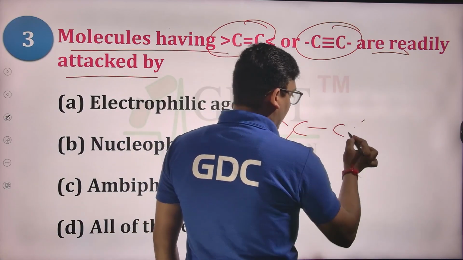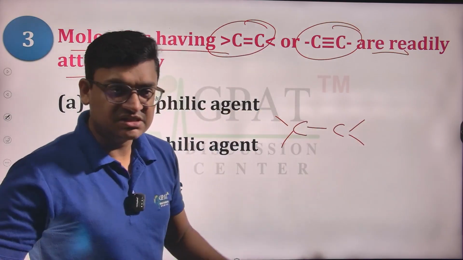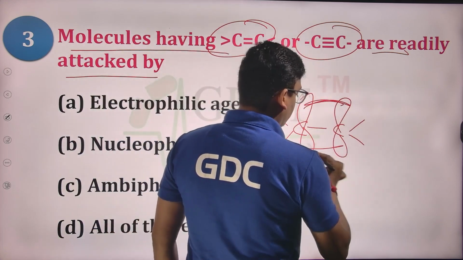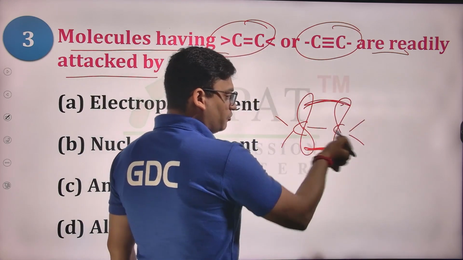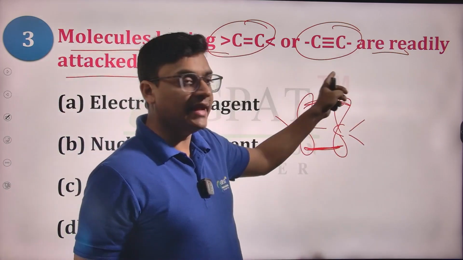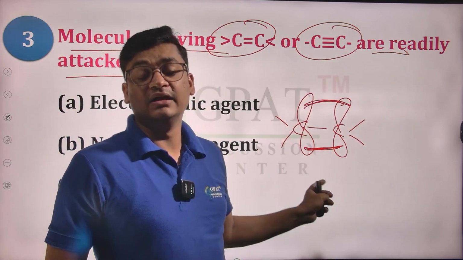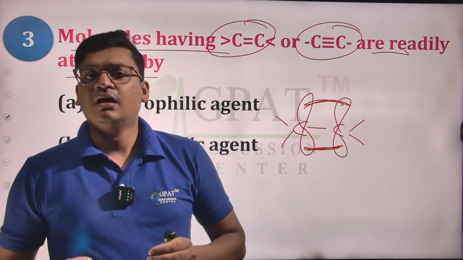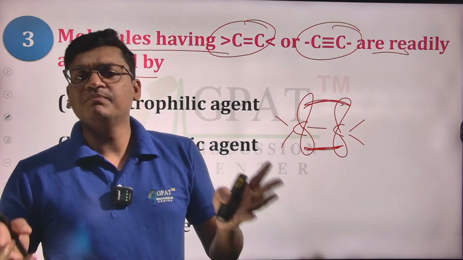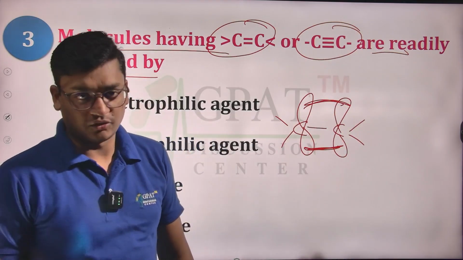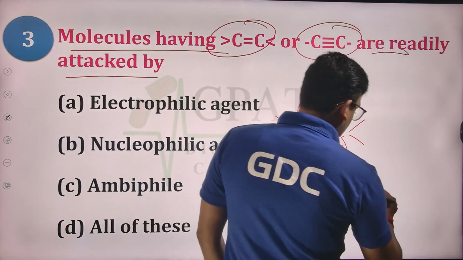Suppose we have a carbon-carbon sigma bond and then the pi bond formation between the carbons, and we know both carbons have the same electronegativity. So this is a high electron density center due to pi electrons, and these pi electrons are loosely overlapped, so they can be broken down and attacked by an electrophile. The same happens with the carbon-carbon triple bond.